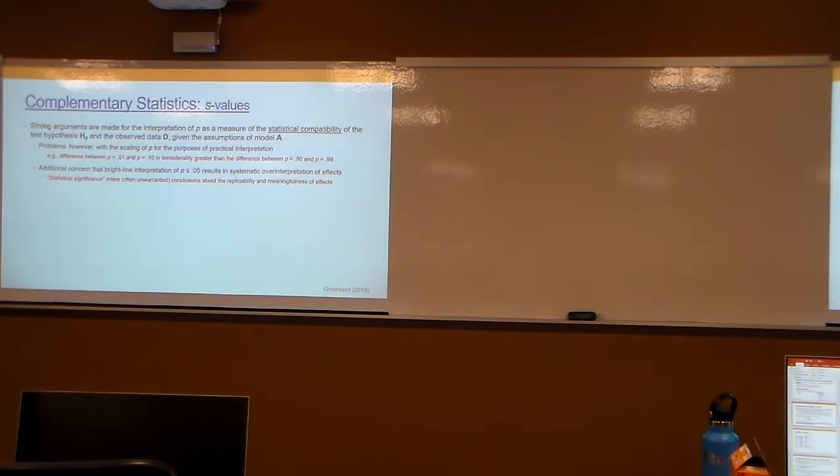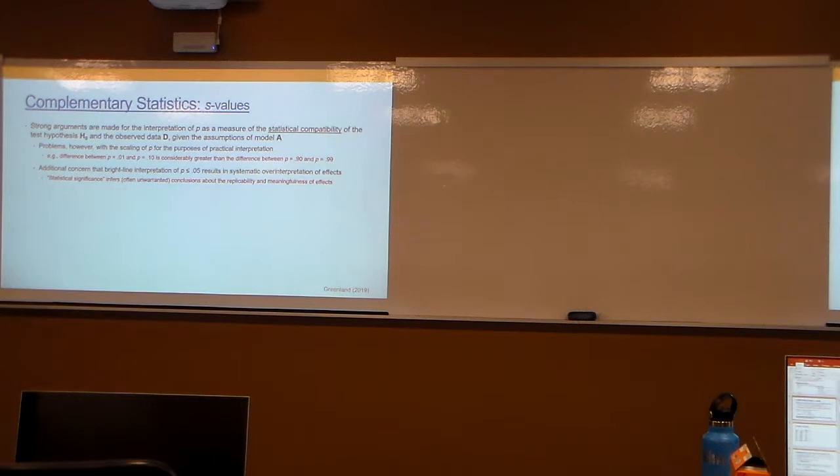What types of interpretations can we make based on p? There are compelling arguments for interpreting our p-values as an index of the extent to which the data that we've got are compatible with the null given the assumptions of our underlying model.